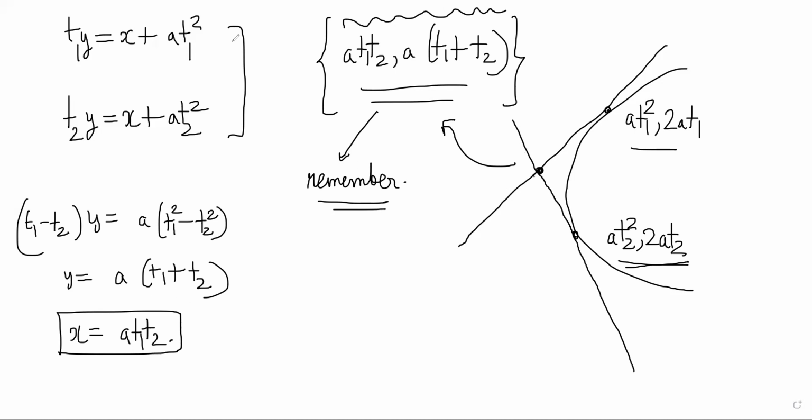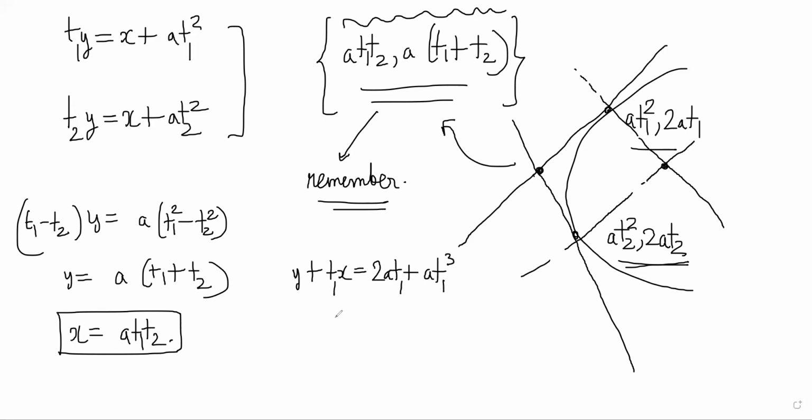Same thing for normals. You can draw a normal at this point and draw a normal at this point, and they could also intersect, right? Equation of normals would be y plus t1x is equal to 2at1 plus at1 cube, and y plus t2x is equal to 2at2 plus at2 cube, right?